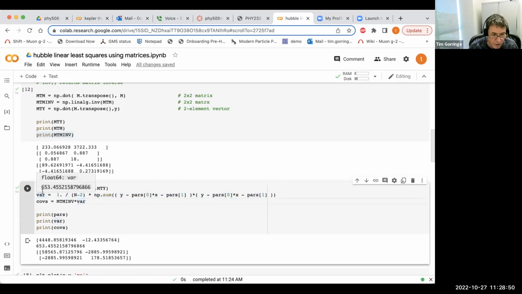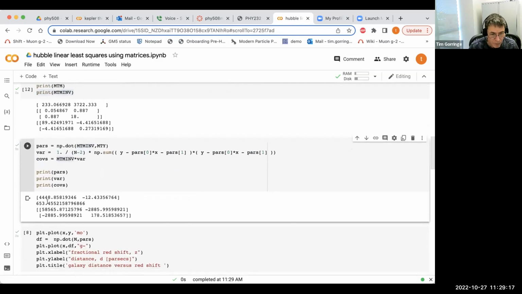Once we've got these variances, then it's a simple matter to calculate the uncertainties on M, C, slope, intercept, and their correlation by simply multiplying the variances of the data points by this product that we've already calculated, the inverse of the product of the transpose matrix and the matrix. And so this one cell here, I love this, just calculates the two fit parameters. Here they are.